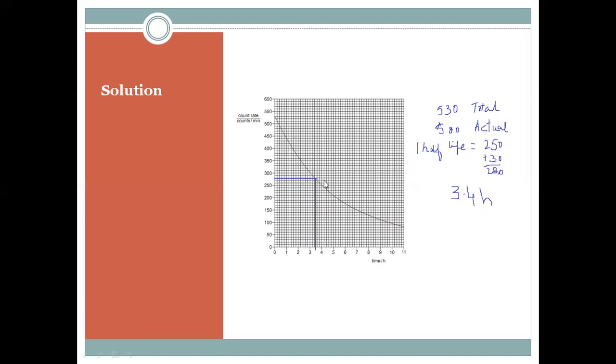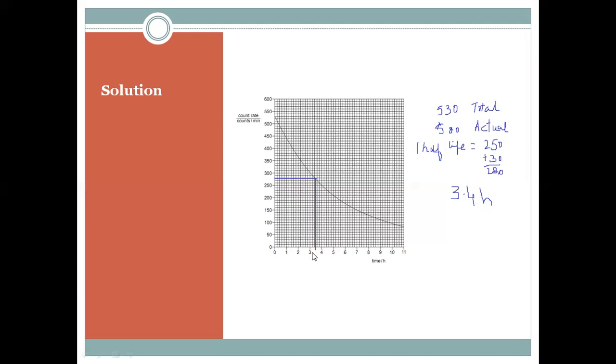The graph is plotted by taking the total count rate, which means background counts are included, so you have to add them again after taking half of 500. So 500 divided by 2 gives you 250, and add 30 counts per minute back to it. So that is 280.